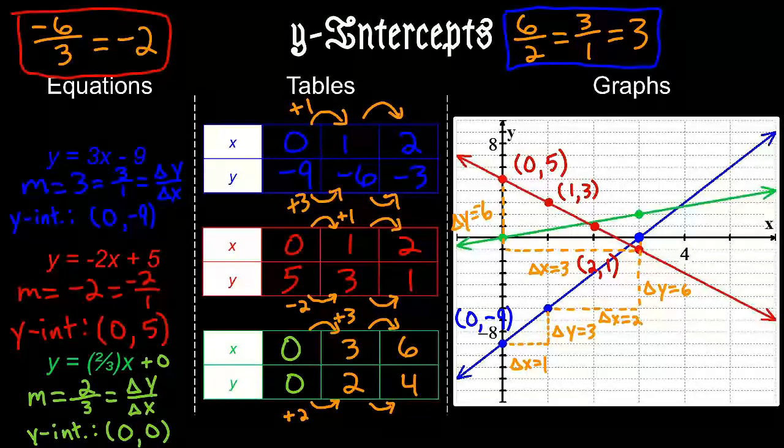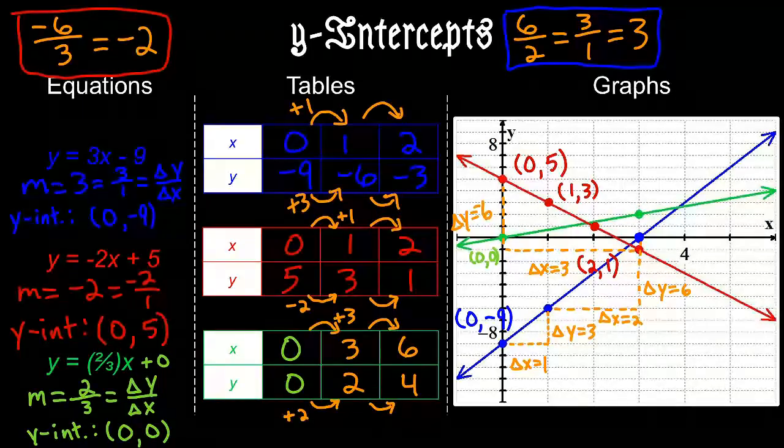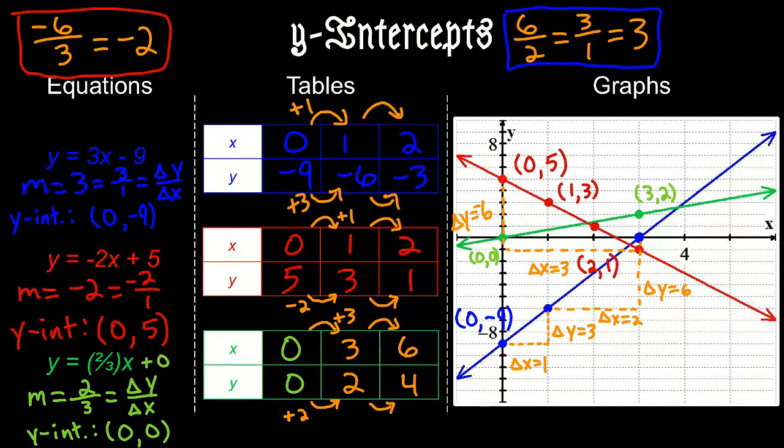And so if we look on our graph, we see that we have this point right here, (0, 0), which matches what we found in our equation and what we put in our table. And then we have this point right here, which is the point (3, 2), which matches our table.